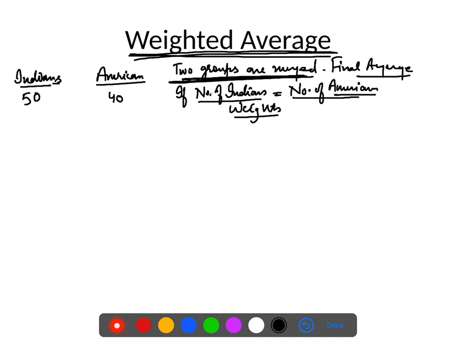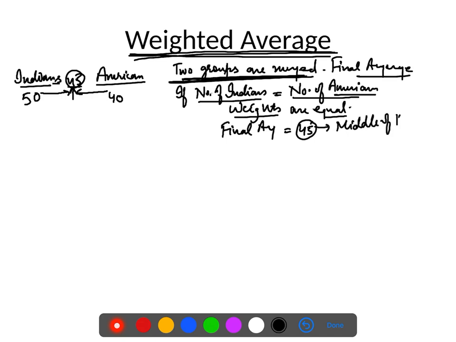If the weights are equal on both sides, it's like a weighing pan. If we have the same weight on both pans, the needle will be exactly in the middle, which is the midpoint of 50 and 40, that is 45. So the final average will be 45.